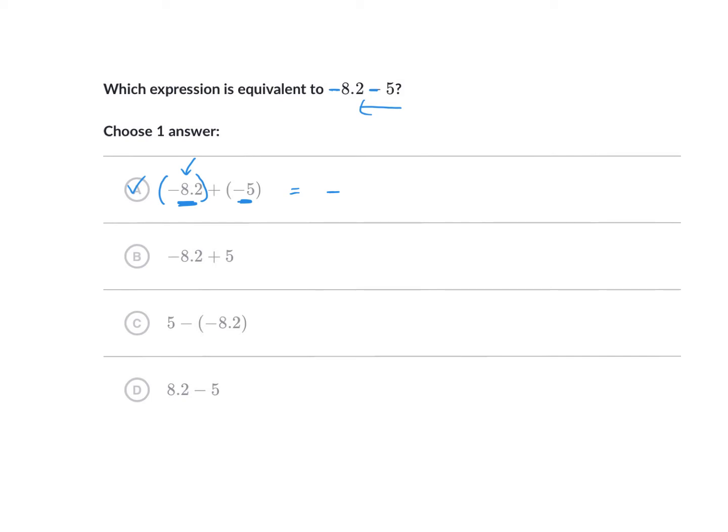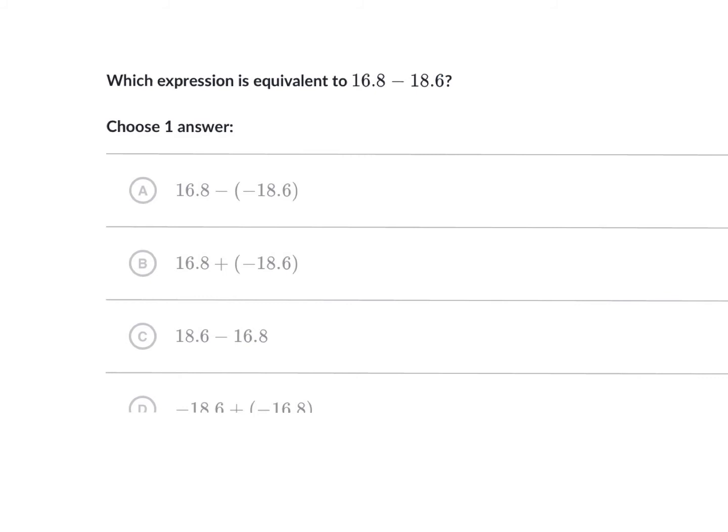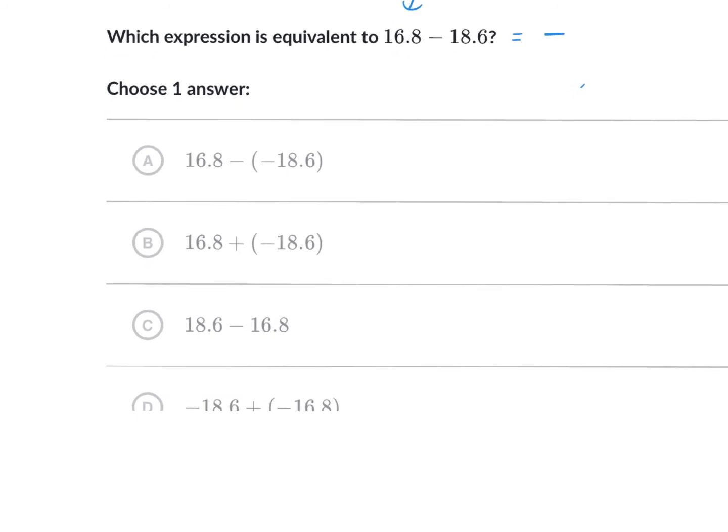Let's try another one. Let's take a look at this question. If I am 16.8 feet above a mountain and I'm going to climb down 18.6 feet, here I'm going below the mountain. I'm going underground, so my answer has to be negative. Let's take a look and see if we can find a question that matches.